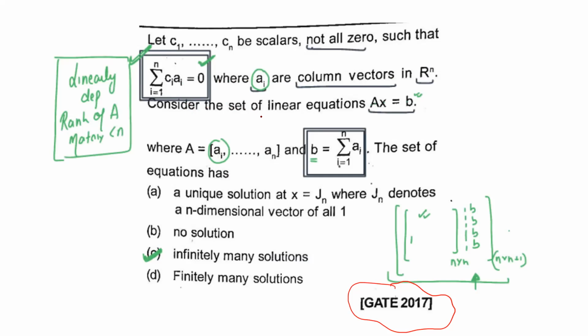Consider the set of linear equations Ax is equal to B, where A is equal to this and B is equal to the summation of Ai. The set of equations has... what will be the answer?